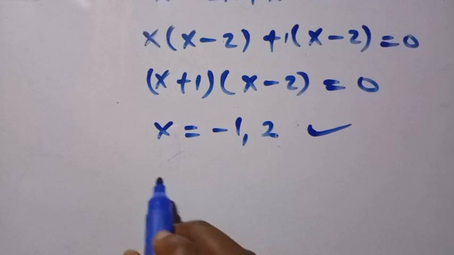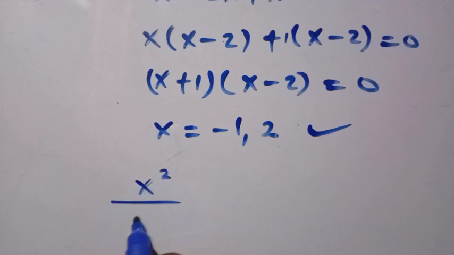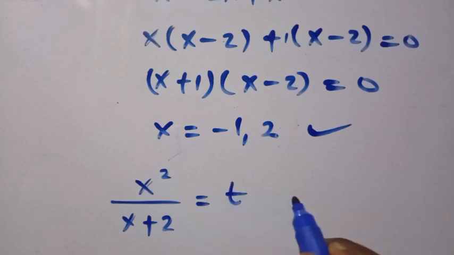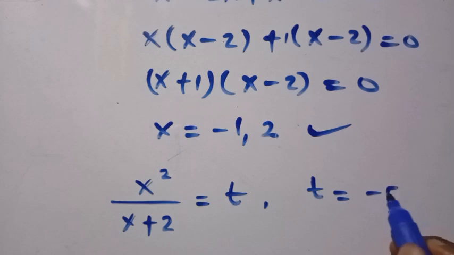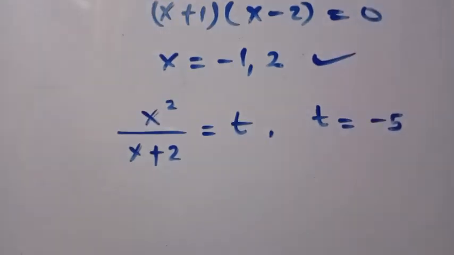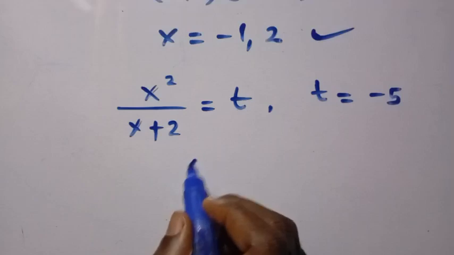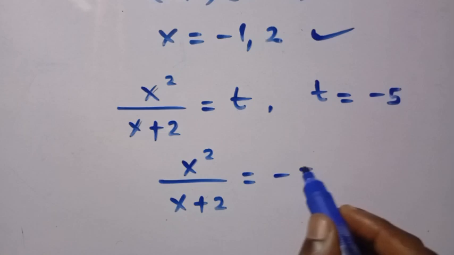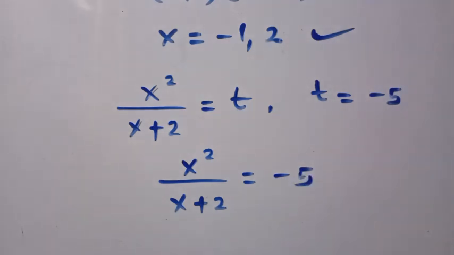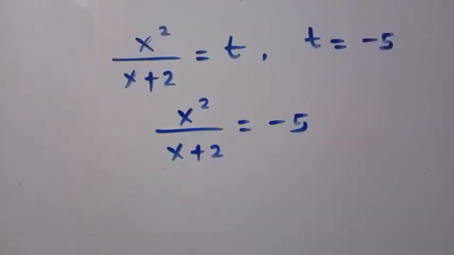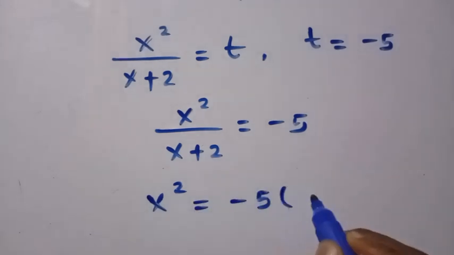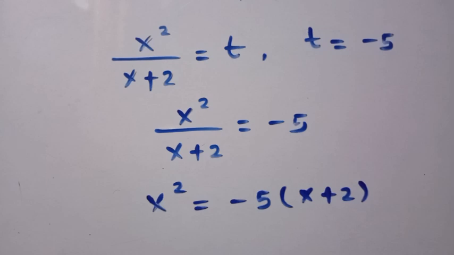And also, recalling where we have x squared over x plus 2 equals t, this time our t equals minus 5. By replacing t with minus 5, we have x squared over x plus 2 equals minus 5. When we cross multiply, we have x squared equals minus 5 times (x plus 2).